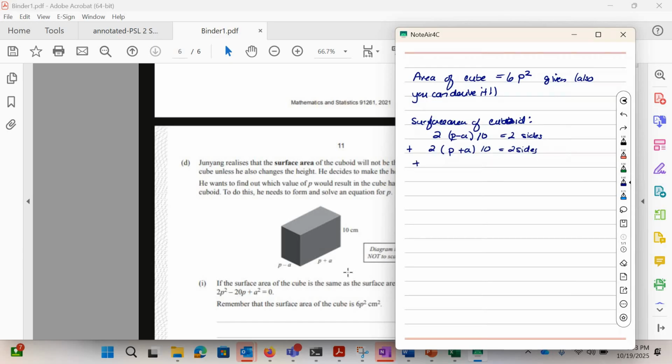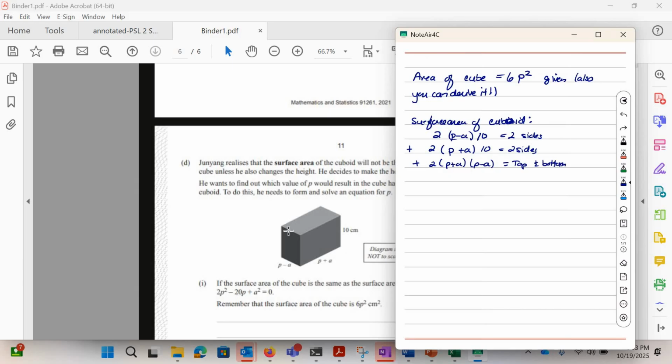And then I have the top and the bottom of the box. Across the top is P plus A. That's the width. And this way over here is P minus A. So all of these are length times width, and there's 2 of them. And so I get a total top and bottom.